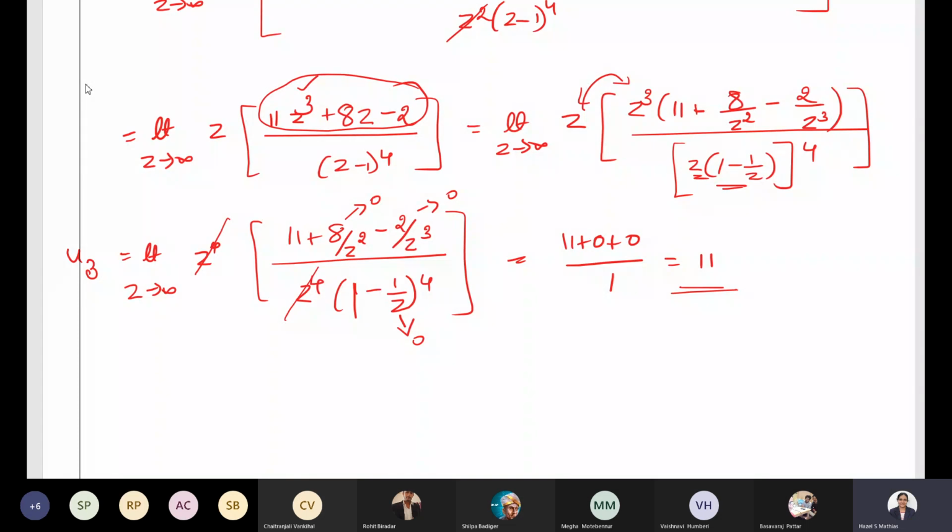Yes, ma'am. Anybody, any doubts? I hope you all understood how to find the values of U0, U1, U2, U3. Is it okay? Yes, ma'am. If you have any doubt, please let me know now itself. You have the notes.